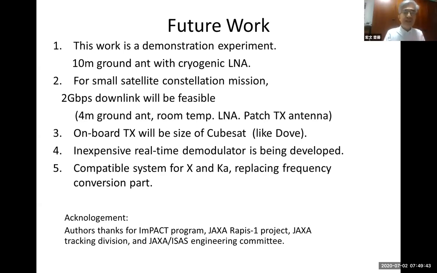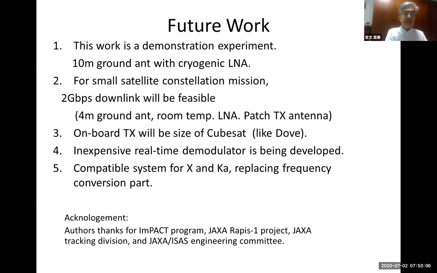Probably in that case, we can realize a 2 gigabps downlink system using these technologies. And the onboard transmitter should be the size of a CubeSat, like Dove of Planet Labs.